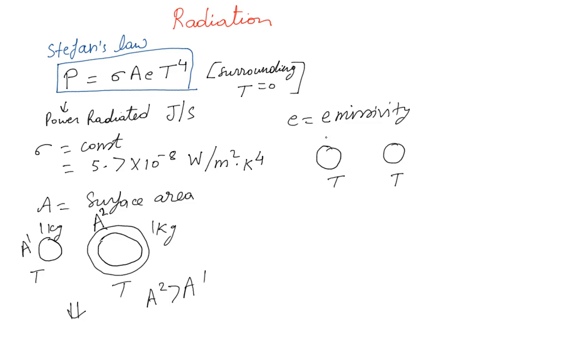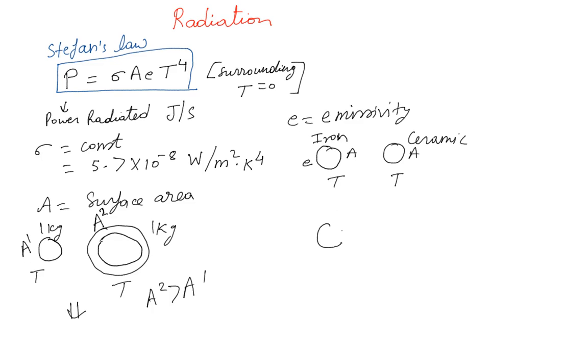Let's say you make this from iron, but you make this, let's say, from ceramic. Then you will see they will have different cooling rates. The radiation per second is going to be different for these two, even when the surface area is the same and the starting temperature is the same. So E plays a role. So it directly depends on E.